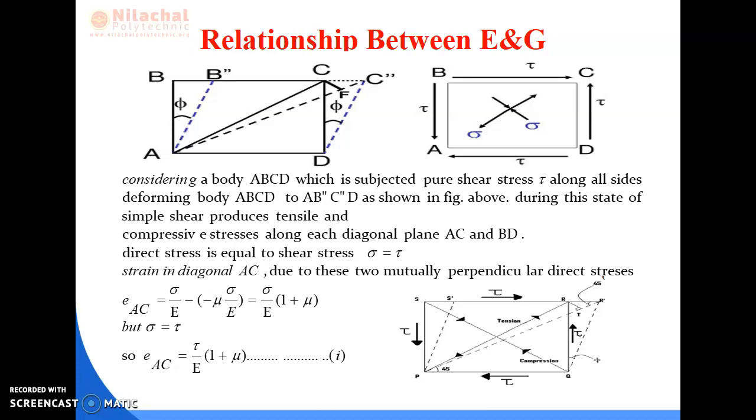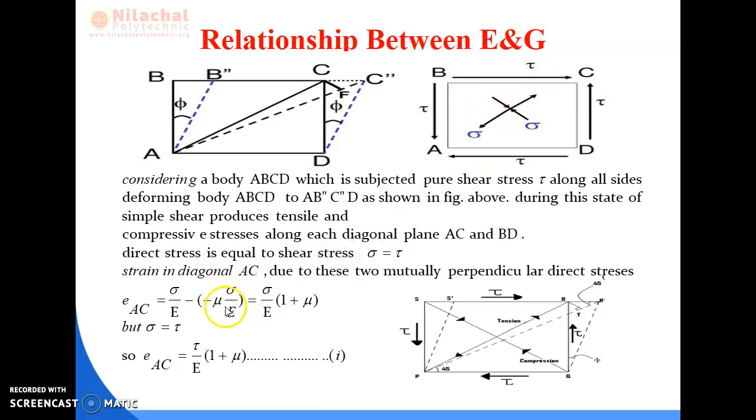Now, the longitudinal strain along AC is equal to sigma by E, and the strain along BD is known as the lateral strain. That is, the lateral strain is equal to the longitudinal strain, sigma by E, into mu.